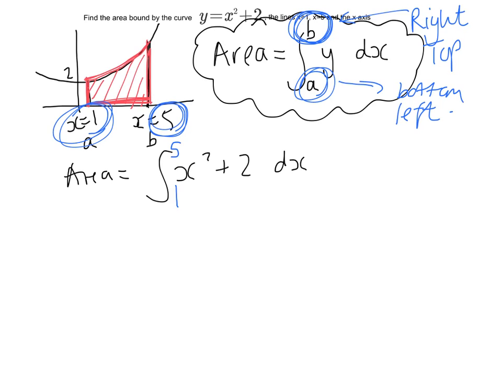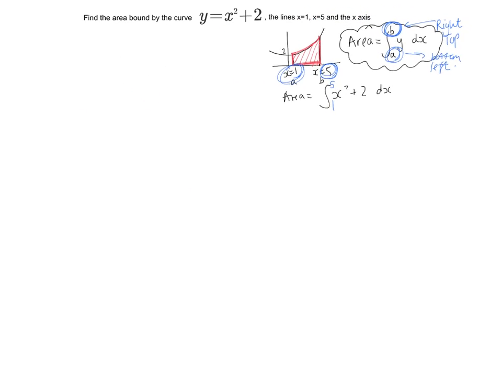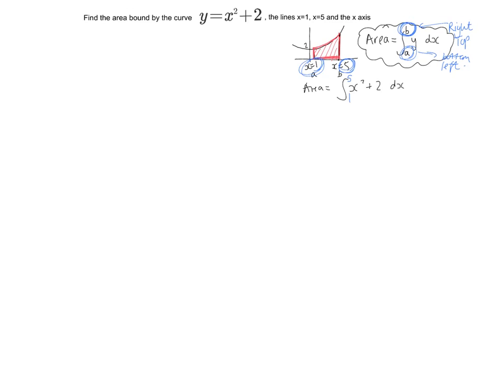Now, you've just been doing these in the last video, so you should be absolutely 100% perfect about these. Let's see if I can get a bit of space. So the area is the integral of x squared plus 2. I'm just going to set it up so that I can integrate it nicely. Remember, square bracket.